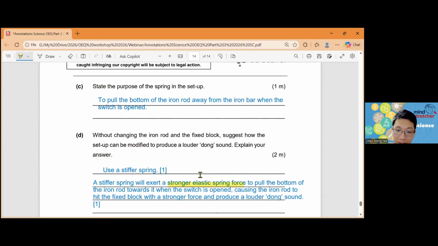So if there's a greater force at the bottom, there will also be a greater force at the top when it hits the block. So it hits the block with a greater force. You must mention the force in your answer. Okay? So you can screenshot this, right?